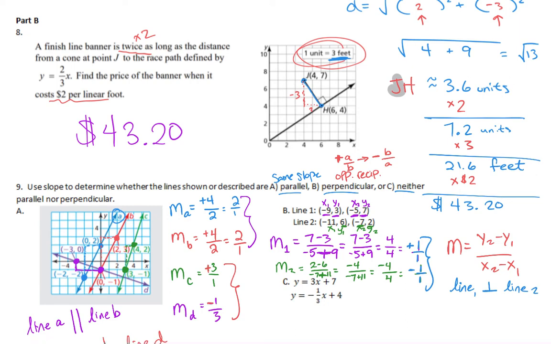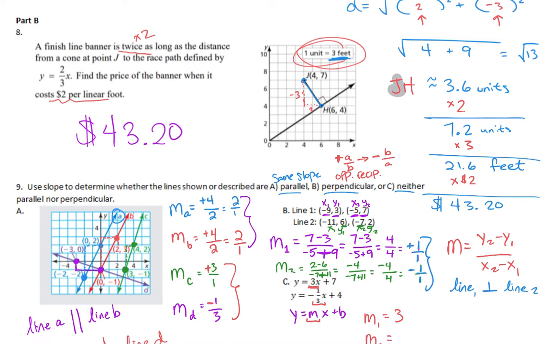Cool, and then the last one on this question, we're taking a look at those 2 equations, both in slope-intercept form, so y equals mx plus b. And we know that m represents slope, so the m of the first equation is a 3.